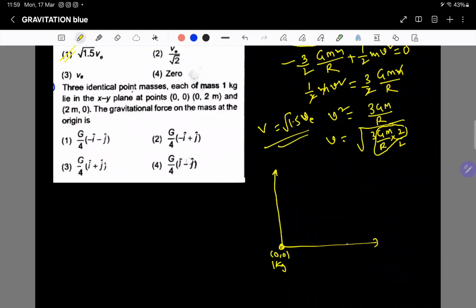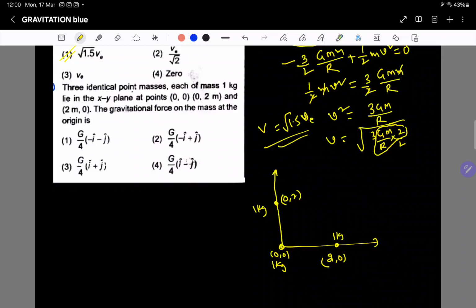The second particle is at 2 comma 0 along the x-axis, 1 kg. One more particle, 1 kg, is at 0 comma 2. Question: what is the gravitational force on the mass at the origin?